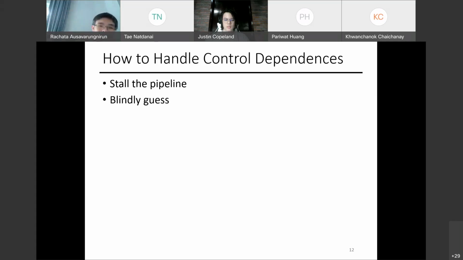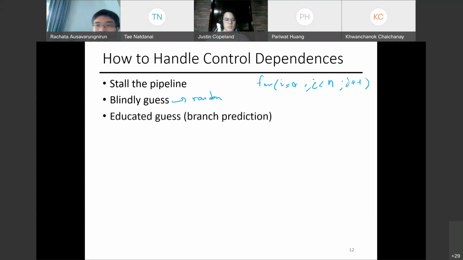Let's say I see a loop: for i equals 0, i is less than n, i plus plus. What's the likelihood I'm going to do one thing again and again and again? It's high, right? Especially if n is high. I'm going to do the same thing over and over again. So you can guess randomly, or you can do an educated guess.